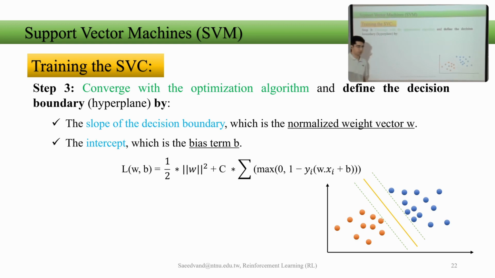Now, we declared the equation, the objective function. What we need to do is converge with an optimization algorithm, and then we can define the decision boundary. What optimization algorithm can we use? We can use, for example, gradient descent, the stochastic gradient descent. This time we want to find the bias and W's, and those indicate slopes and intercepts for me, as we were defining in linear regression.